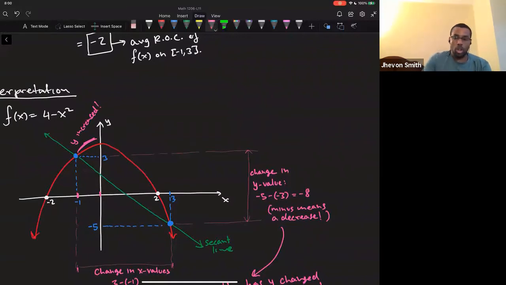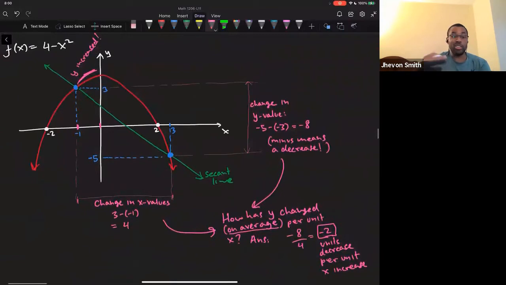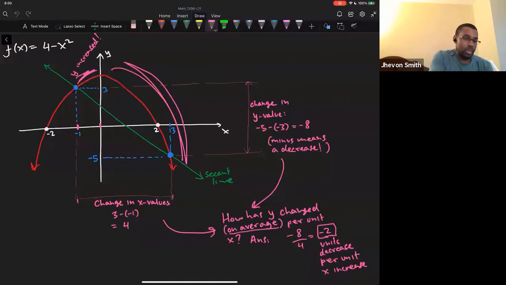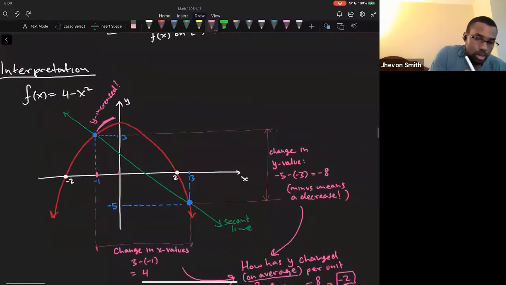So it's not like it's always decreasing. It's just decreasing on average. It was decreasing for much longer than it was increasing, right? So here, y increased, but y is decreasing on average.